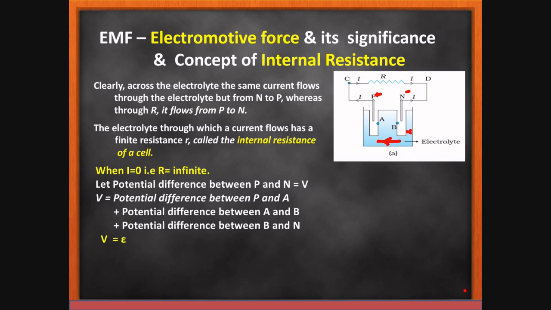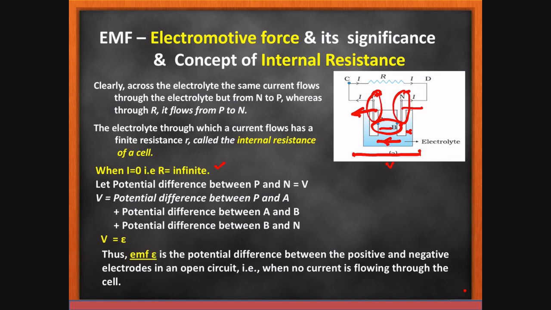When I is 0, it means there is no outer circuit, when R is infinite, the potential difference between P and N is V. So let this potential difference be V. The potential difference V is equal to the potential difference between P and A, plus the potential difference between A and B, plus the potential difference between N and B. So there are three potential differences, 1, 2, and 3, and that is equal to E. This is equal to the electromotive force when no current is passing through the circuit.